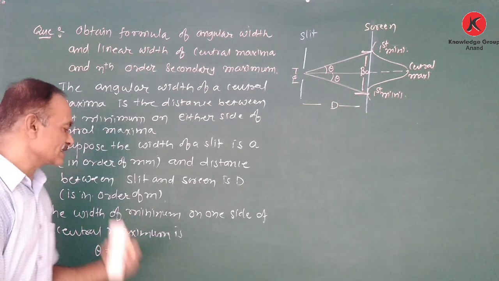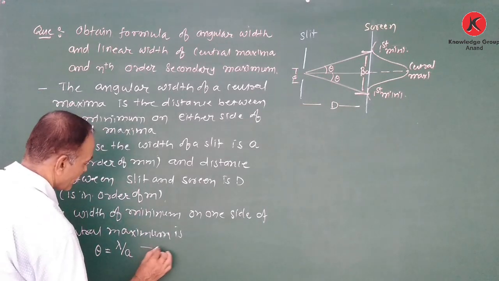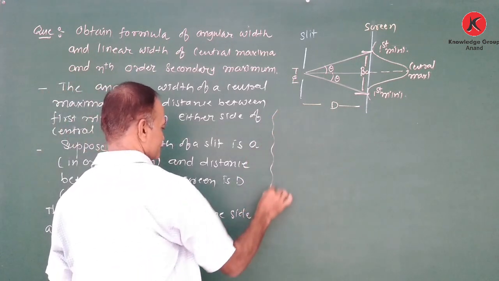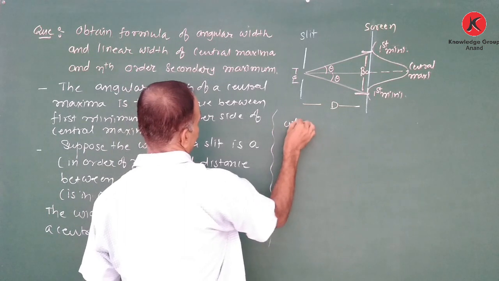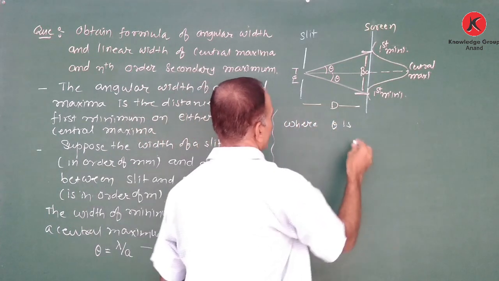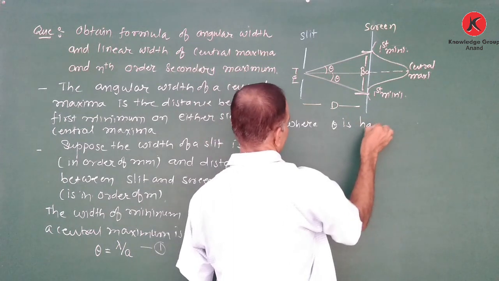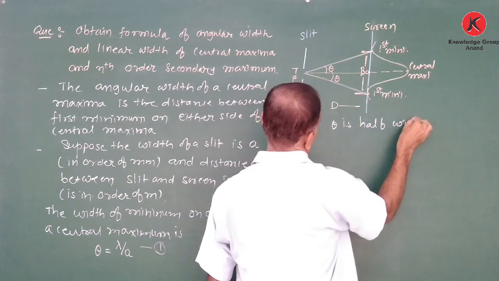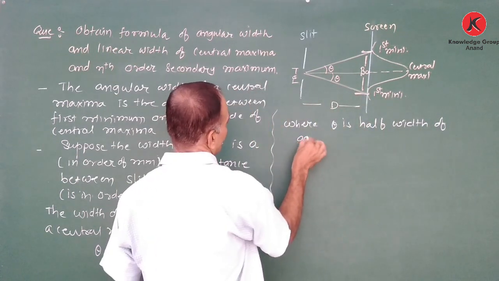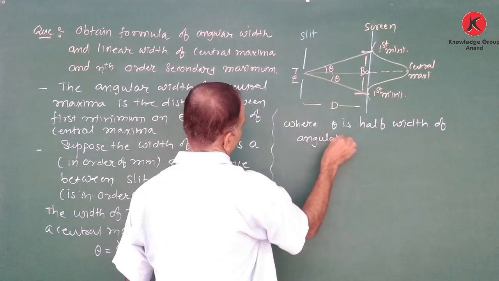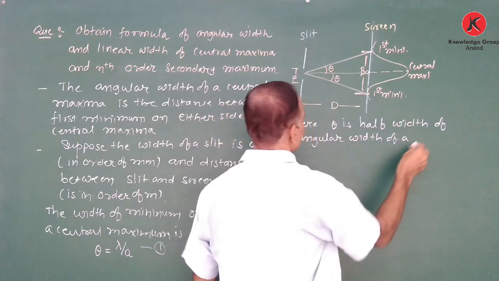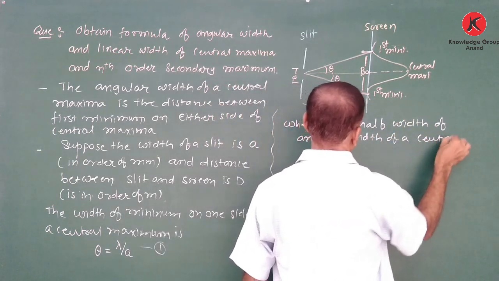Already we know this thing. That is equation 1, where theta is the half angular width of the central maximum.